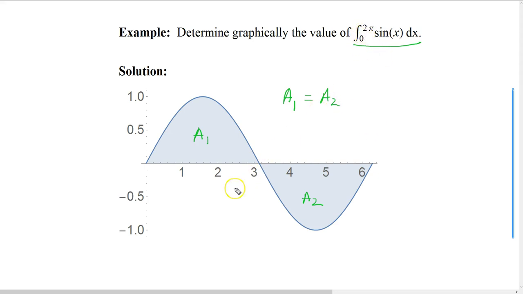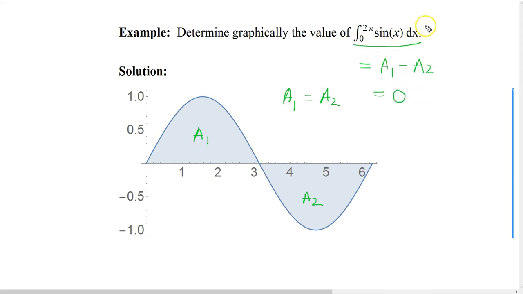So the definite integral, because it adds up the sum of the signed areas, will equal a1 minus a2, because the definite integral looks at this area as being a negative number. And since a1 and a2 are equal by symmetry of the sine function, and the definite integral is then a1 minus a2, we get back 0.